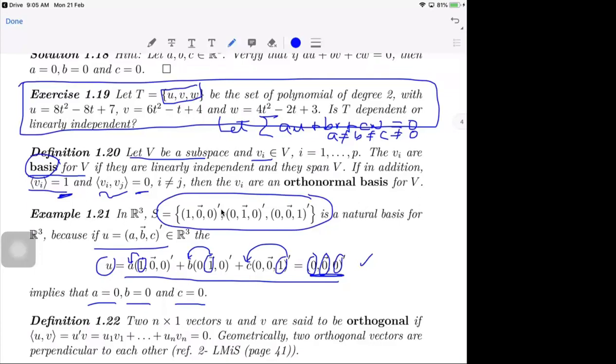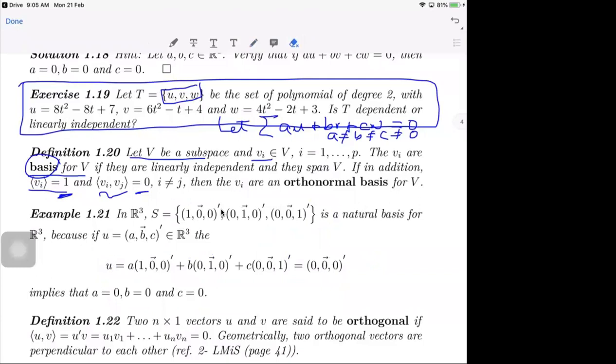So this set of vectors 1, 0, 0, 0, 1, 0, and 0, 0, 1 will be a natural basis. Of course, there are other bases for S, but these are the natural basis for S.